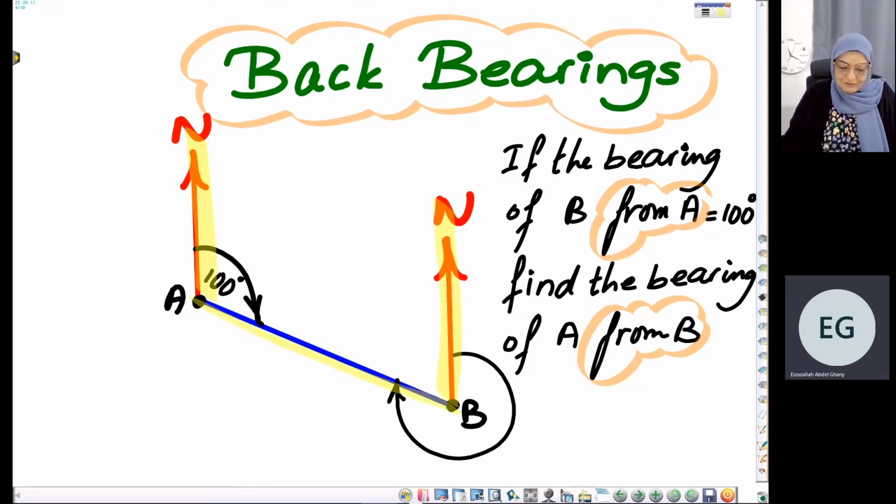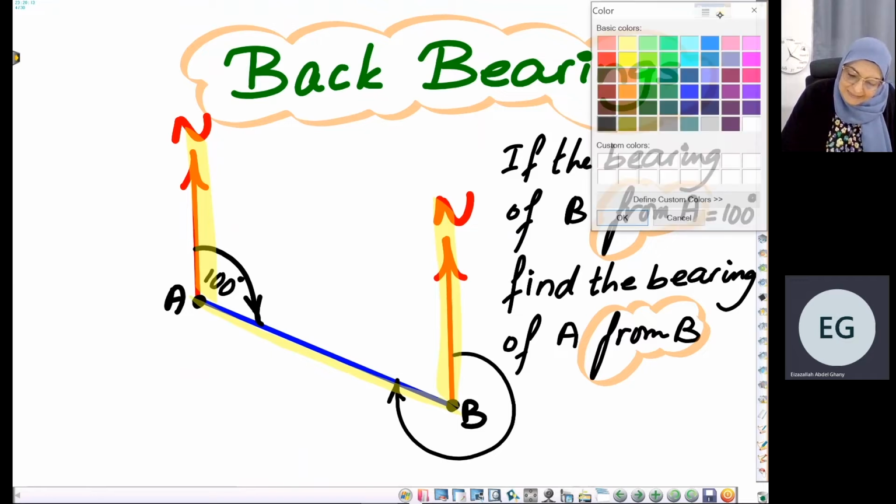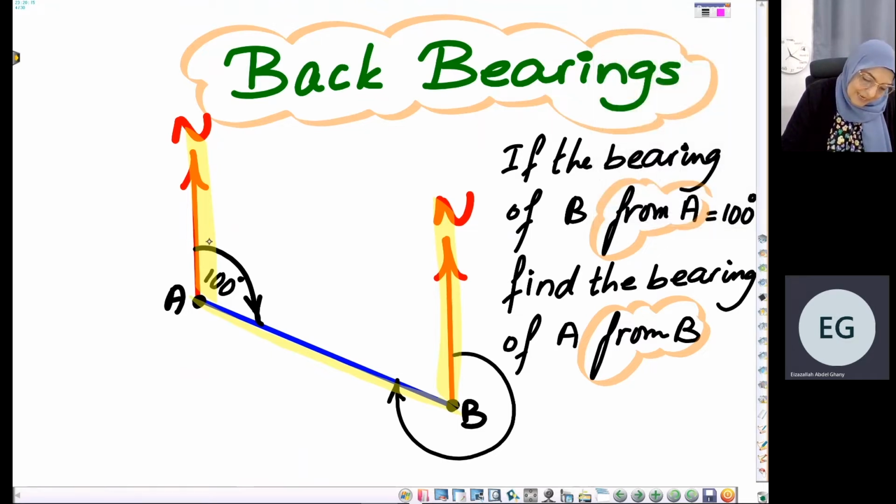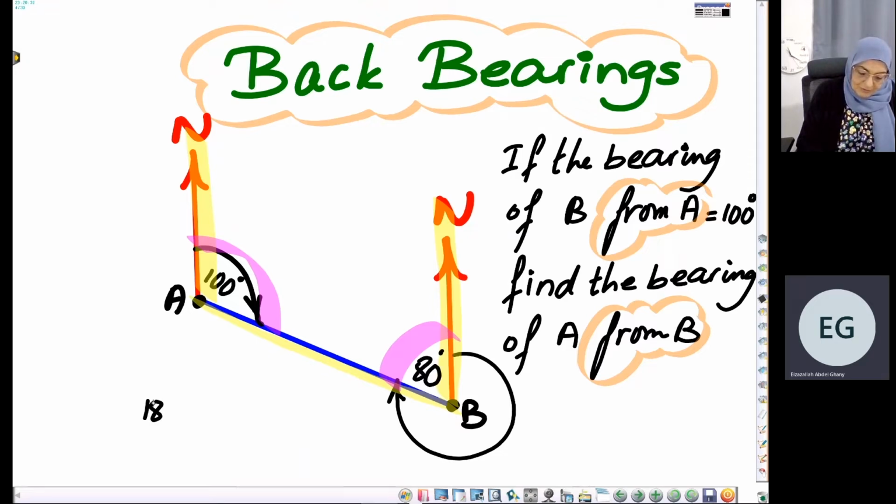And here is the transversal. And this pink angle and that pink angle are supplementary. They add up to 180 degrees. It means you have to find this angle, which is 180 minus 100 equals 80 degrees.